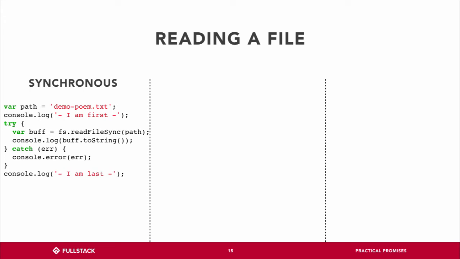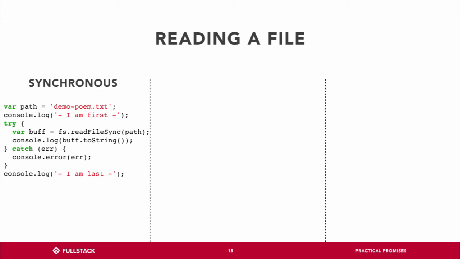If we talk about a synchronous operation and compare it, here's an example. We set up a path, and we're going to console.log immediately "I'm first." The readFileSync method doesn't take a callback. The readFileSync method is going to read a file, and it's going to tie up your thread.